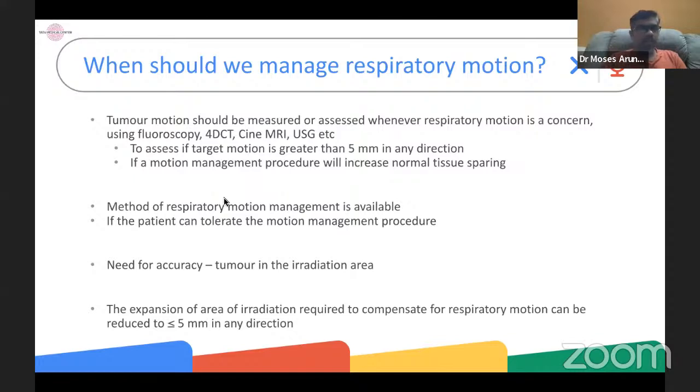But just because we know there is a problem and we are able to measure it, should we always manage it? That is the question. Different groups have come up with different solutions on when we should manage it.